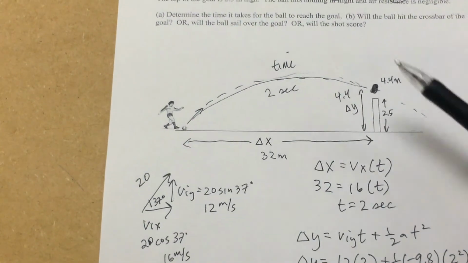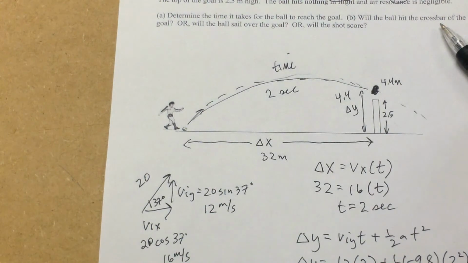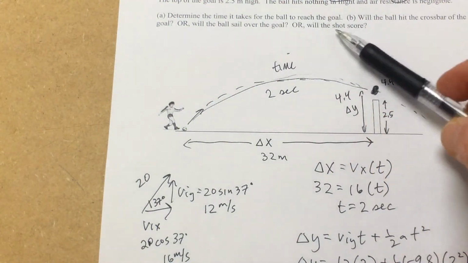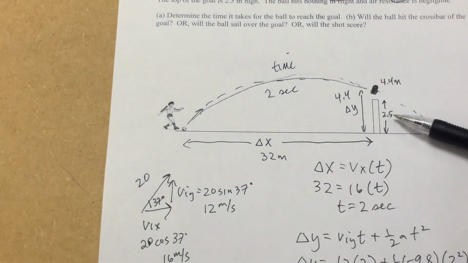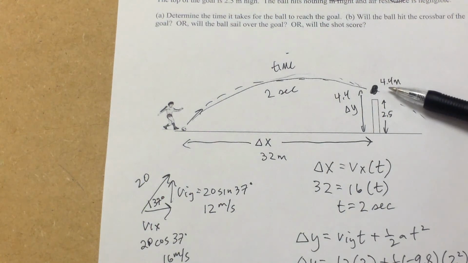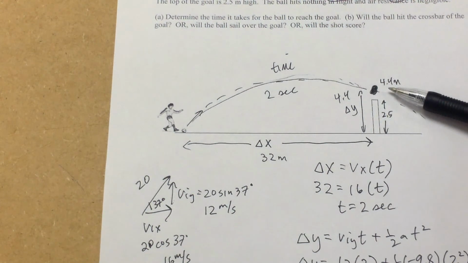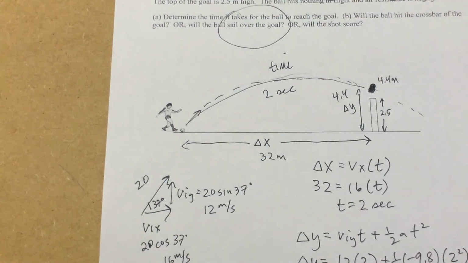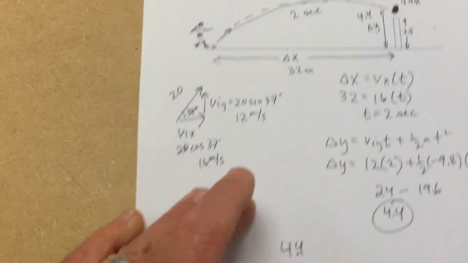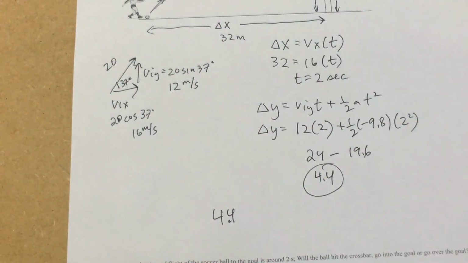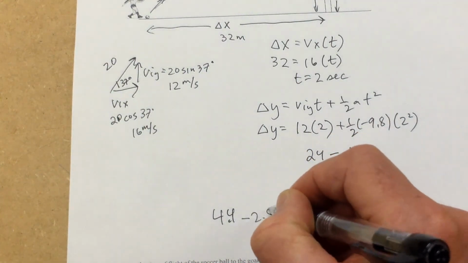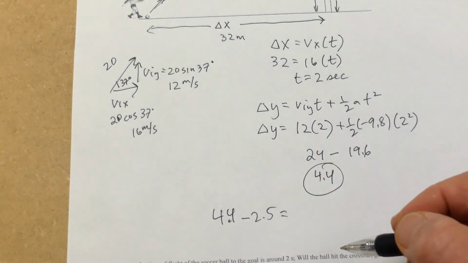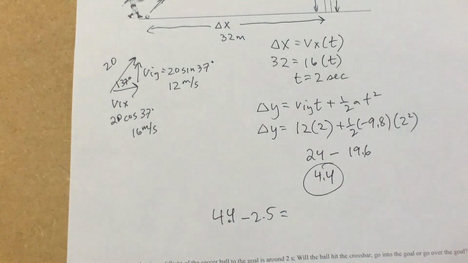So the question was, will the ball hit the crossbar? Will the ball sail over the goal? Or will the shot score? Well, the goal is 2.5 meters and the ball is 4.4. So the ball will sail over the goal. In fact, if you were to subtract these two numbers, 4.4 minus 2.5, what do we get there? 1.9.